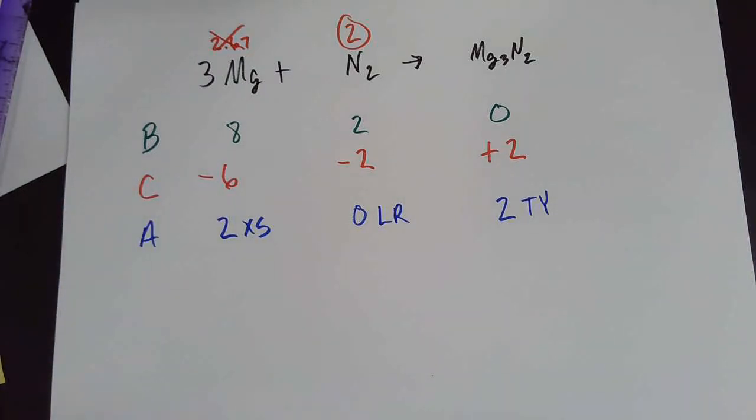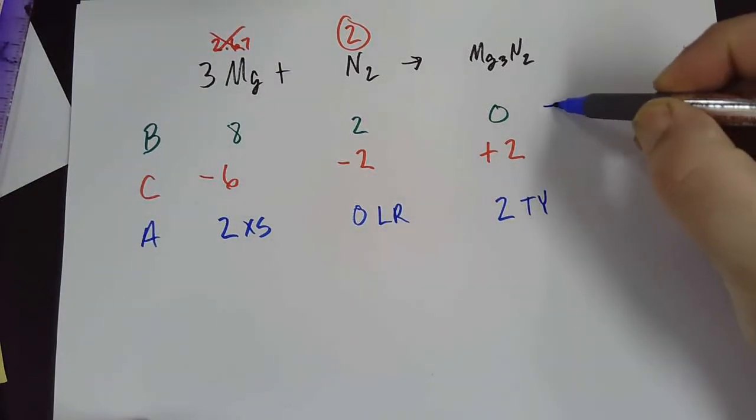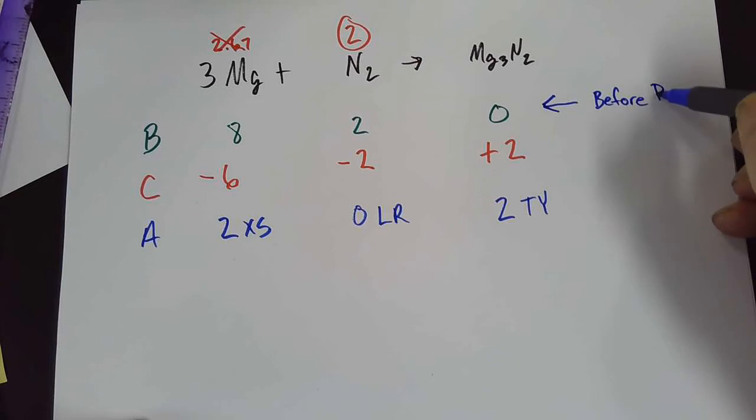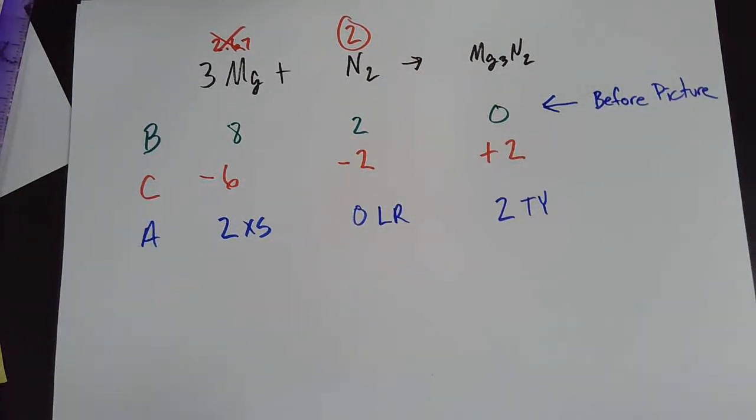So what we do is, this line right here is the before picture. If you look at the worksheet, the before picture that they already give you shows that you have 8 magnesiums and 2 molecules of nitrogen. So that's completed.